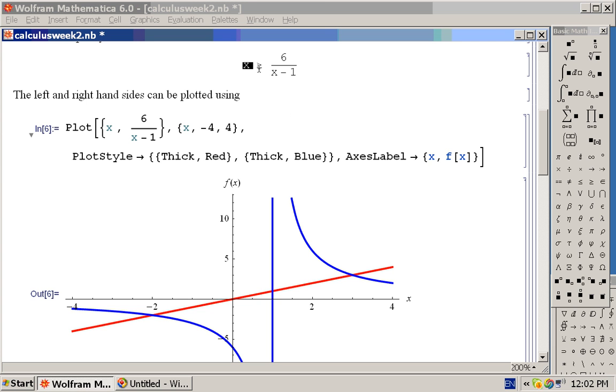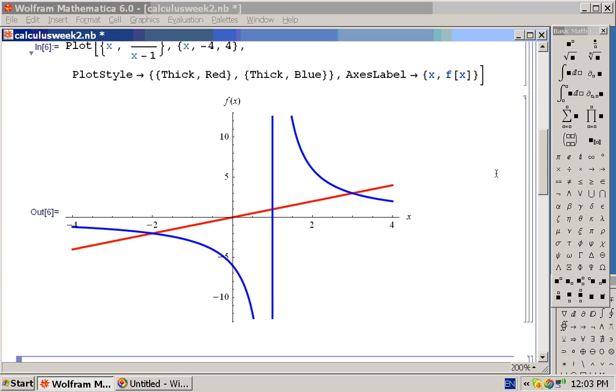We can see that this inequality is greater than or equal to, so it's also satisfied at the point where the two curves intersect, and we can see that the red curve, or the line, lies above the blue curve, provided x is greater than or equal to -2 and less than 1. Well, we believe that to be -2.